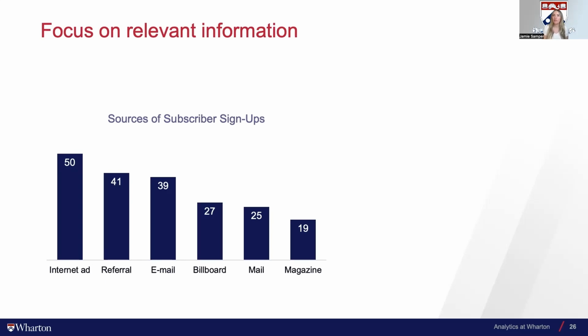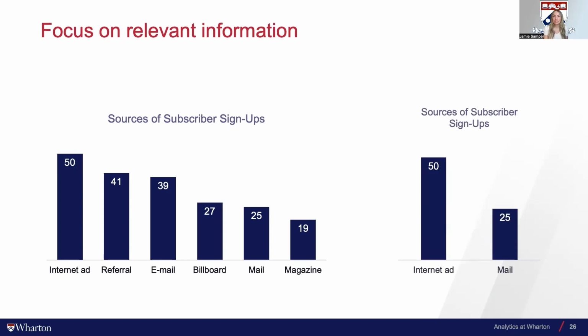And so they want to know how many subscribers are they getting through those mail campaigns compared to internet ads. To answer this type of question, you actually don't need all of this information about referrals, email, billboard, and magazines. One technique to make your audience's job easier is to just focus on the information that they care about, and that's comparing internet ads to mail campaigns.